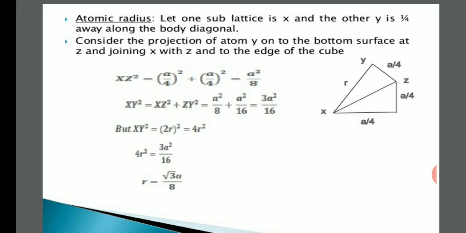Atomic radius: let one sublattice be x and the other be y, which is 1/4 away along the body diagonal.